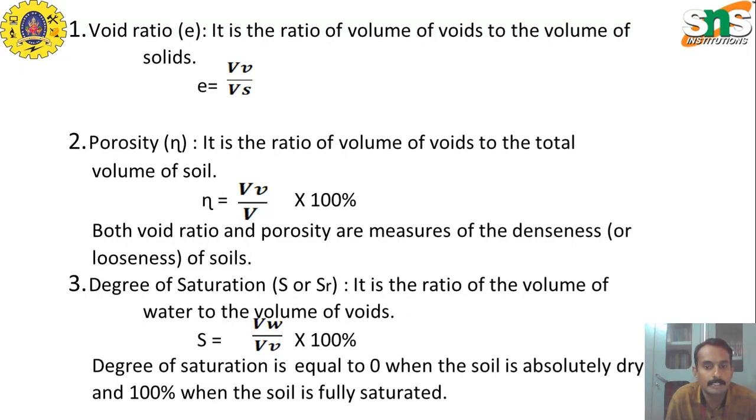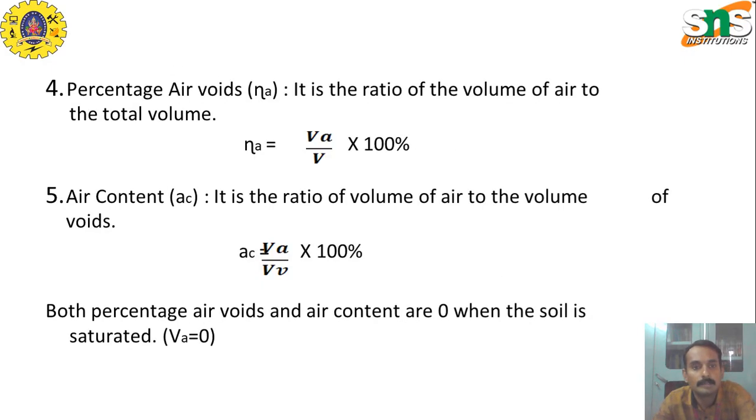Next, degree of saturation, ratio of volume of water to the volume of voids. Degree of saturation is 0 for absolutely dry soil and 100% for fully saturated soil. So percentage air voids is the ratio between volume of air to total volume, and air content is the ratio of volume of air to the volume of voids.